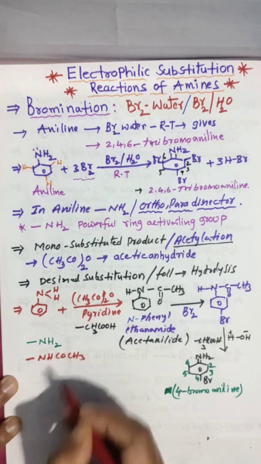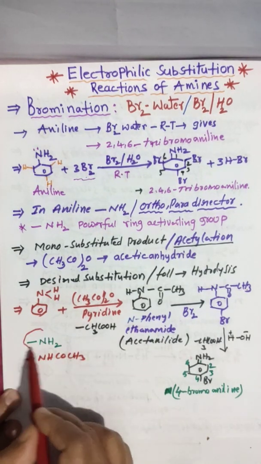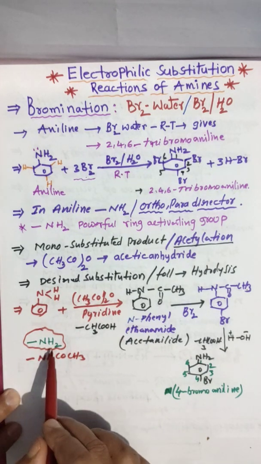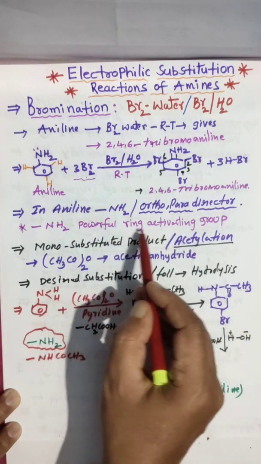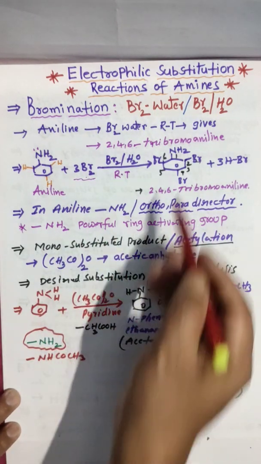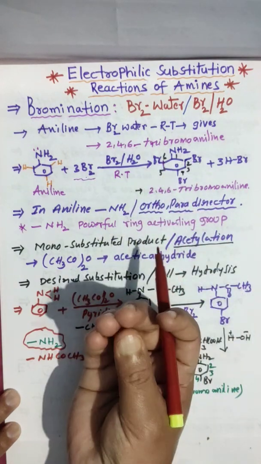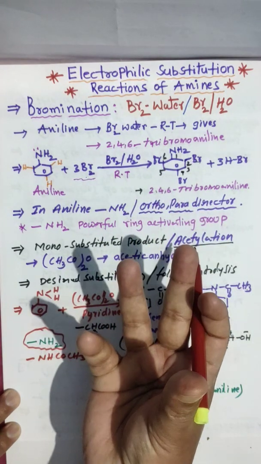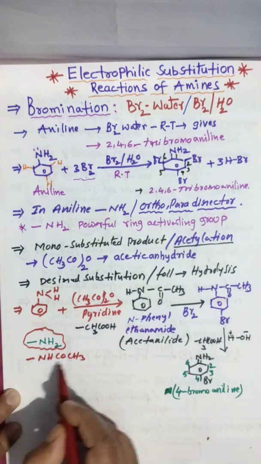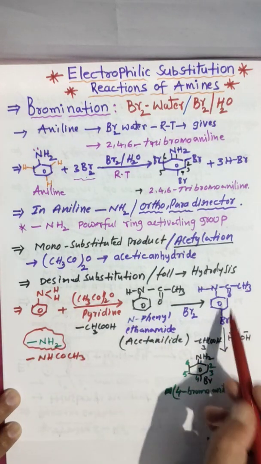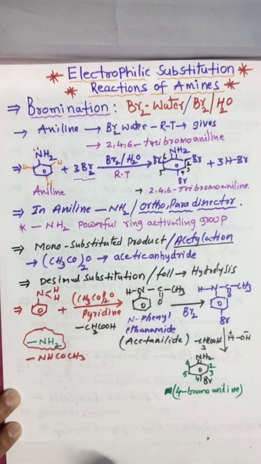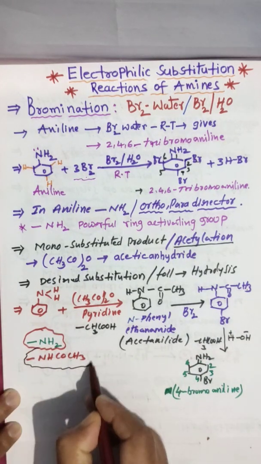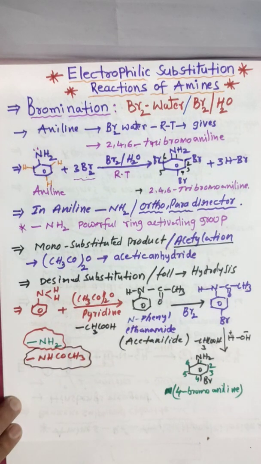Remember, this NH2 group is a highly powerful ring activating group, I told already. So all these ortho and para positions are activated with electron density. But the NHCOCH3 group is not that much of a ring activating group.